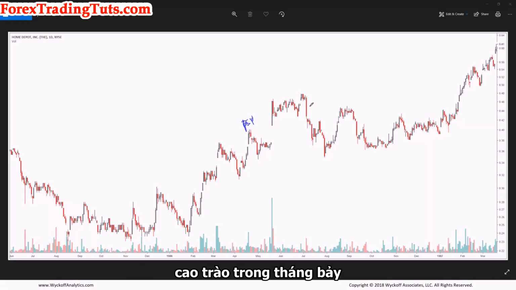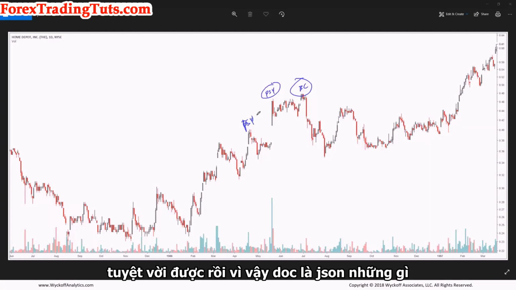And buy-in climax in July, like this? Was that your interpretation, Doug? To the right for this is the preliminary supply. This? Okay. Great. Okay, so Doug is suggesting, what about this type of labeling, right?